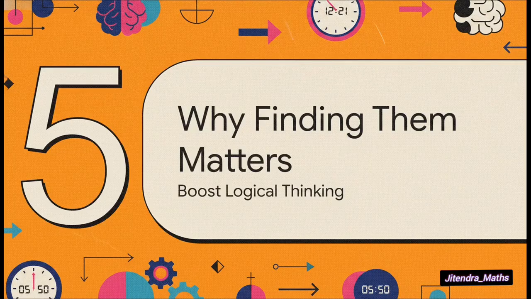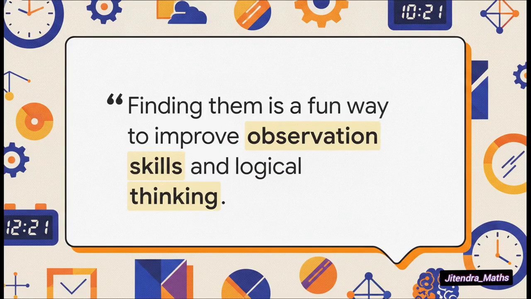So, section 5, why finding them matters. Boosting logical thinking. You might be asking yourself, okay, this is a neat trick, but why does this matter? Well, it matters because of what it actually does for your brain. Finding them is a super fun way to improve your observation skills and logical thinking.